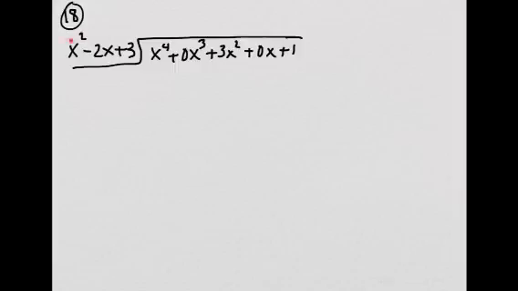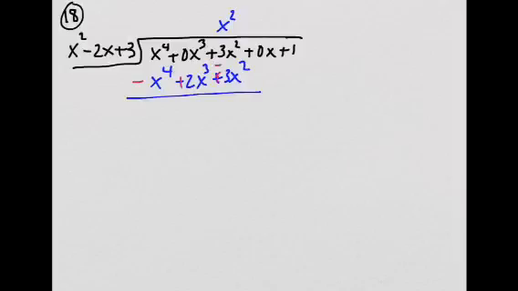Alright, so x squared times something gives you x to the 4th, and that would be x squared. So I'm going to multiply. Minus 2x cubed plus 3x squared. We're going to add the opposite because we're subtracting, and it becomes a negative, so all the signs change.